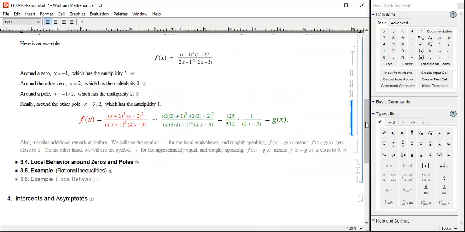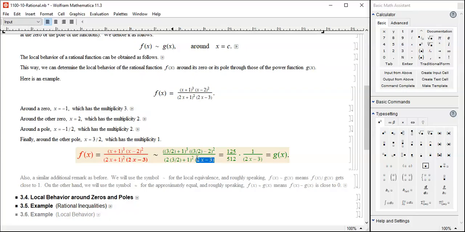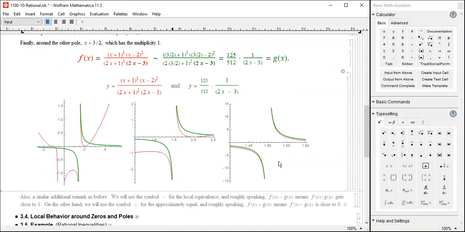Final example, around 3/2. So keep this, and to the others, plug in x equals 3/2 and do your computation. You get a constant, positive constant times this power function. So we have a split like this. You can clearly see the local behavior. In larger scale, of course, they're different, but locally, they behave the same.